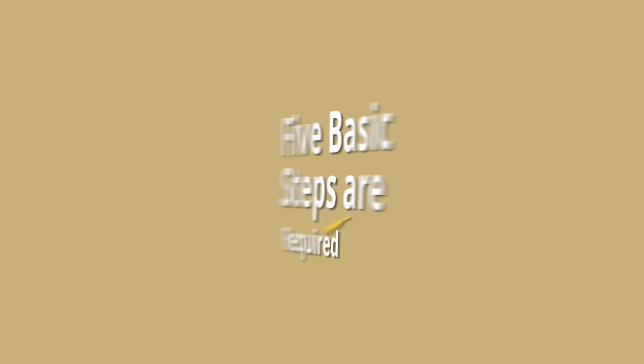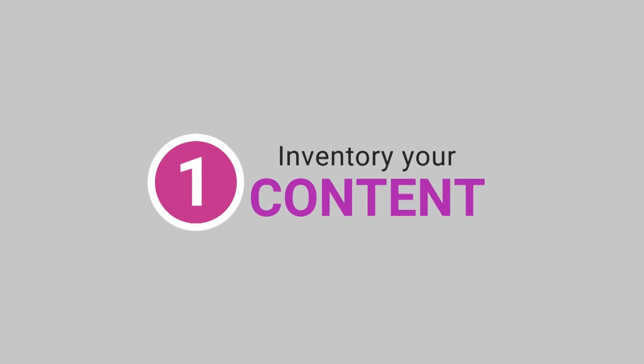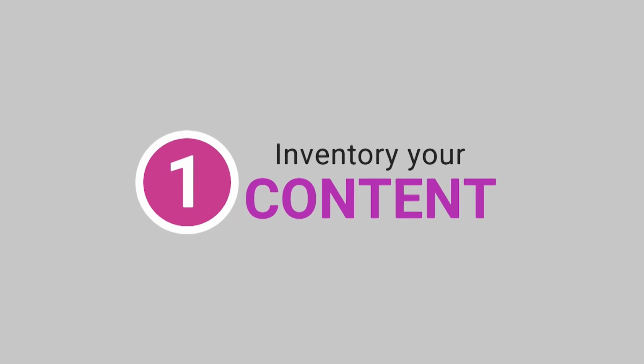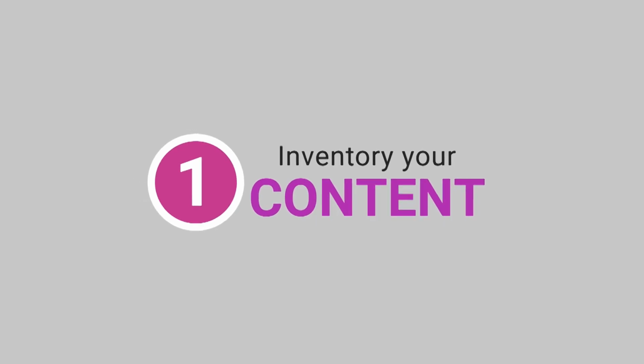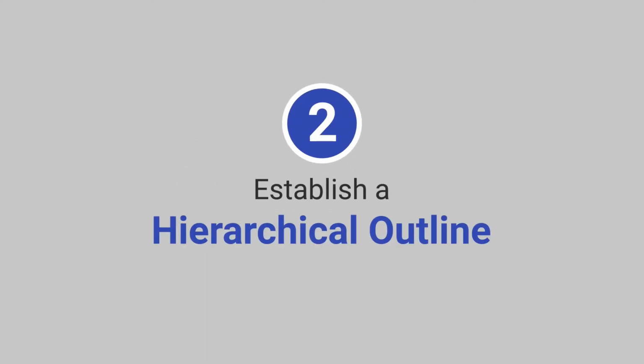There are 5 steps required to organize your website content. Step 1, inventory of your content: what content do you have already and what content do you need further? Step 2, establish a hierarchical outline of your content, site structure and navigation elements.